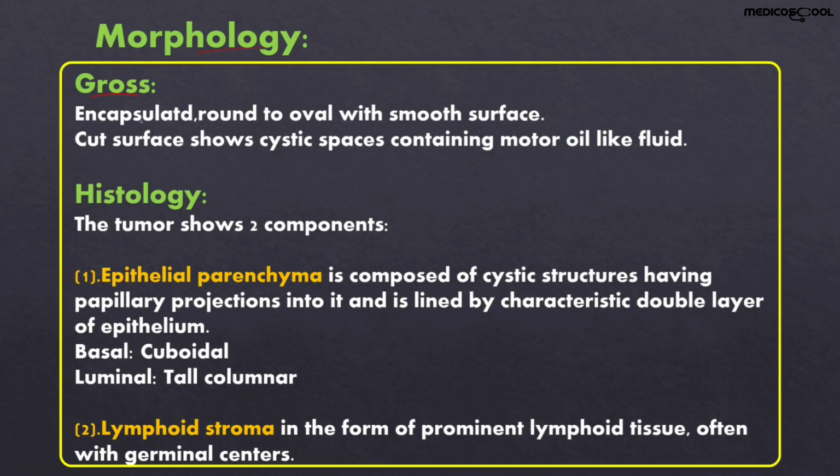Grossly, they can be seen as encapsulated, round to oval, with a smooth surface. On the cut surface we can see cystic spaces containing motor oil-like fluid. Remember the second name of the Warthin tumor, papillary cyst adenoma lymphomatosum.